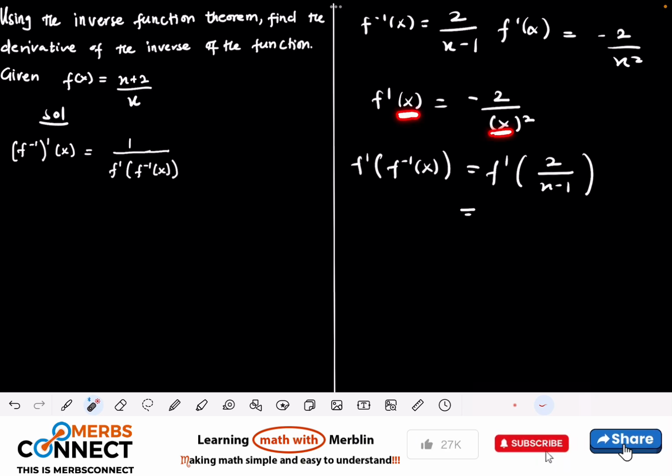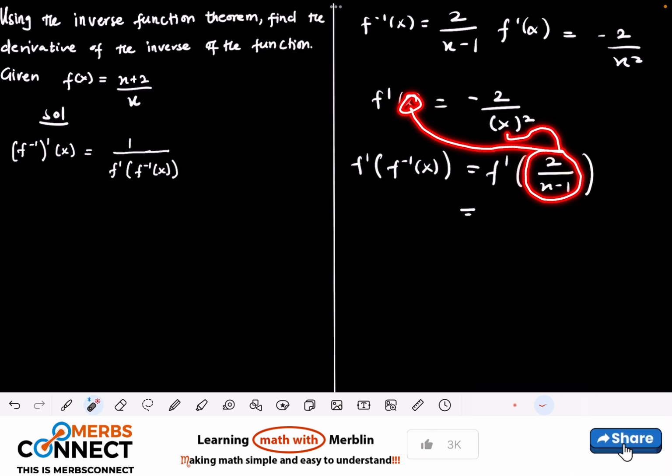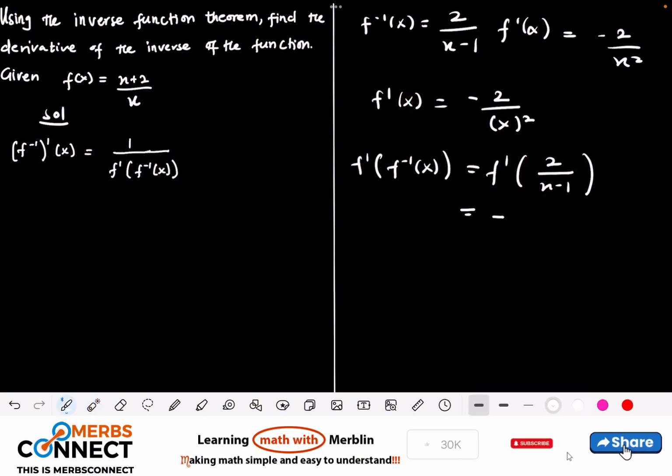That's the reason why we have it here. So now the one in the parentheses for f prime is changing from x to the whole of this. So it means that the one in here also changes. The x here should also change to this. So this is going to give us negative 2 divided by 2 divided by x minus 1 squared.